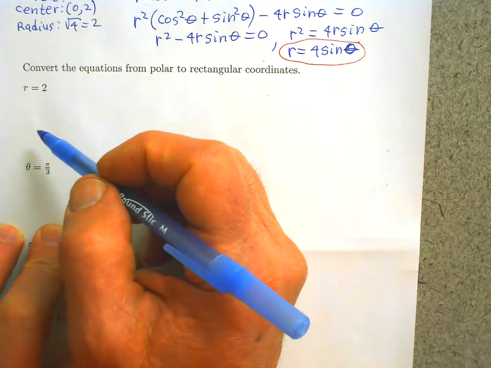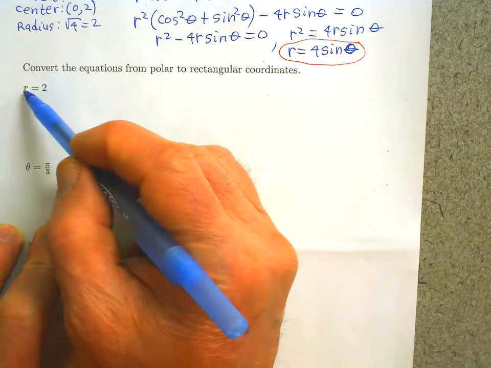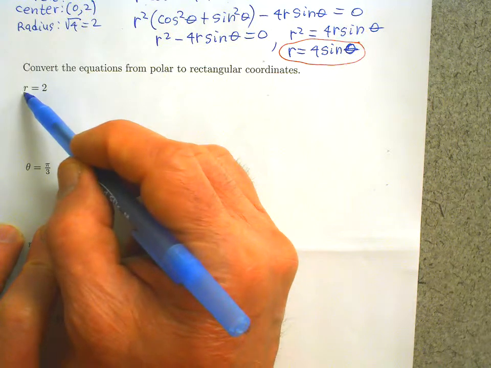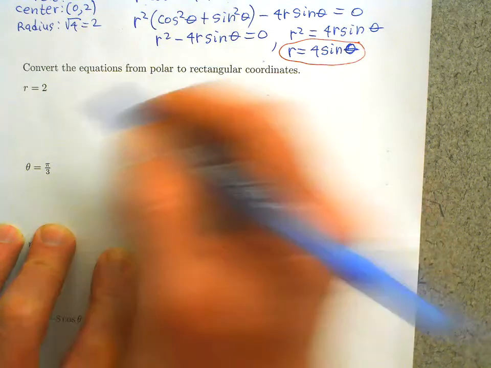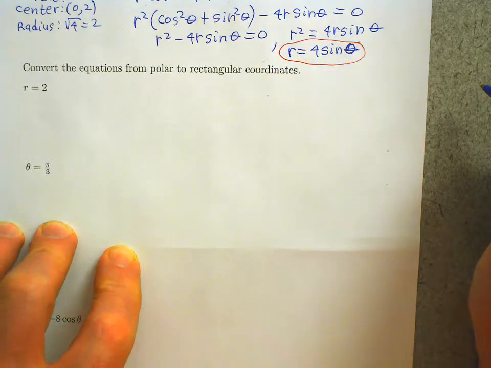So if theta ranges from 0 to 2 pi, and the radius is always 2, then what you get is a circle centered at 0, 0 with radius 2.